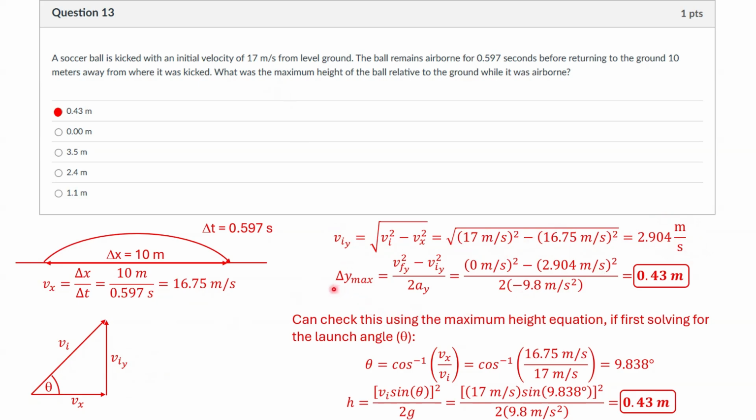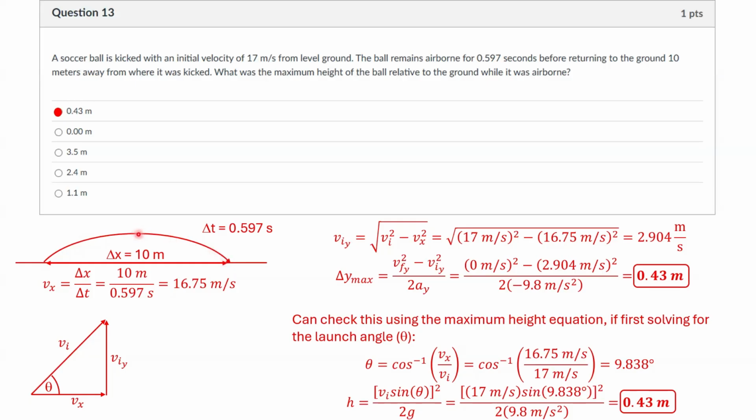Okay, we can figure out the maximum y component displacement with knowledge of what will be true about the y component of velocity at the maximum height. Necessarily at the maximum height, we will transition from the period of time where the ball travels upward to the period of time where the ball travels downward.